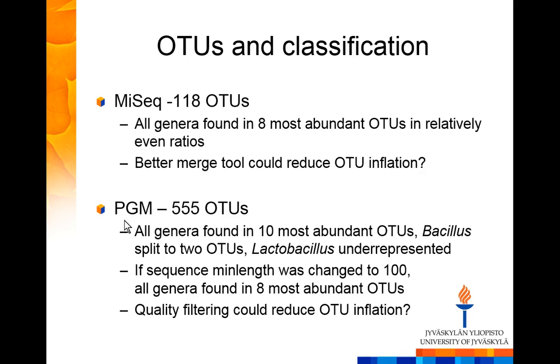With PGM, maybe you remember in the beginning that I didn't do any quality filtering, and doing that could reduce this issue. I'm still working on what would be the best process for quality filtering, and I will come back to this a little bit later.